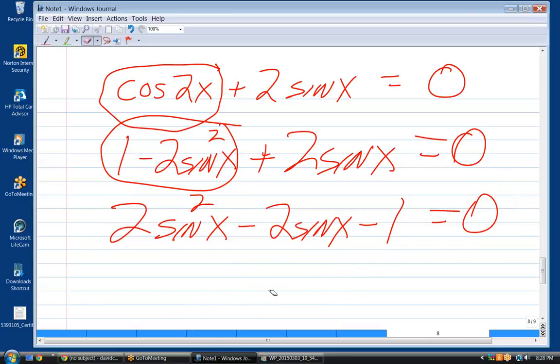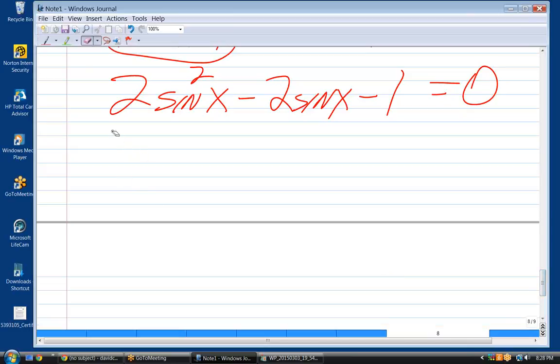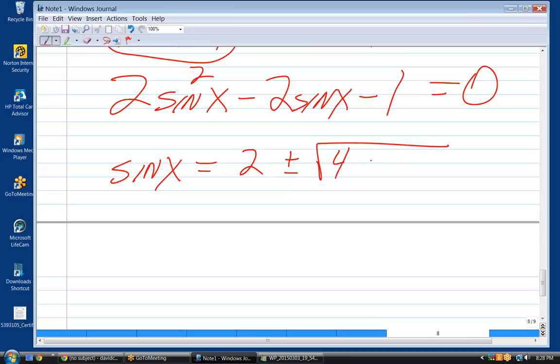So how do I solve this? You need to use the quadratic equation. So, sine x, not x, but sine x equals minus b plus or minus the square root of 4 minus 4 times 2 times minus 1, all over 4.